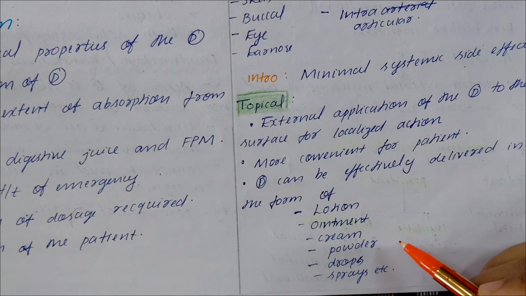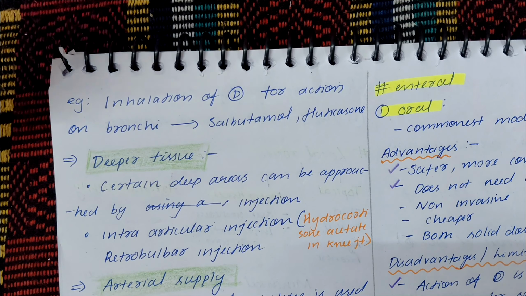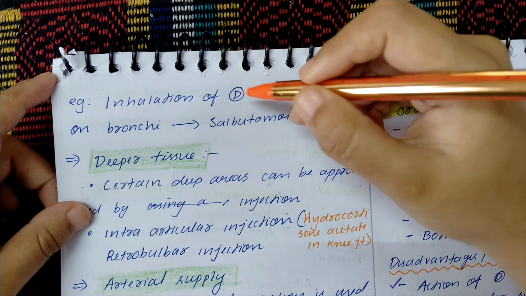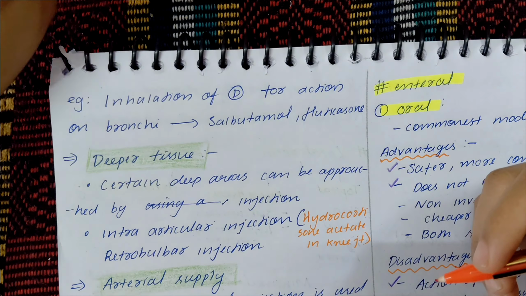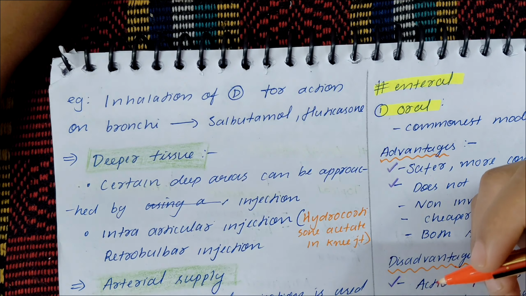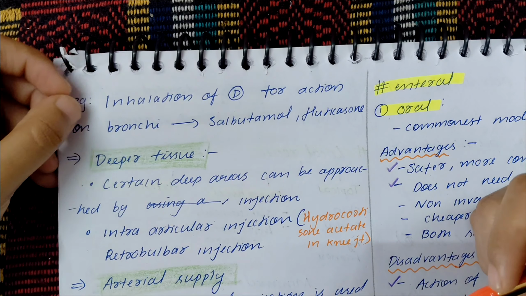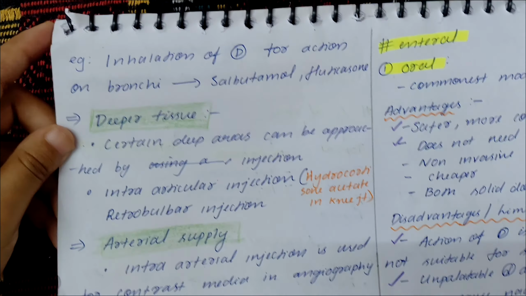Lotion, ointment, cream, powder, drops, sprays, etc. Inhalation of drug for action, for example on bronchi. Have you seen inhalation things? That means people who inhale, of course nasal sprays and everything used for inhalation on bronchi. Most used is salbutamol.